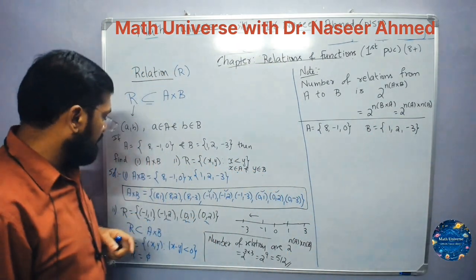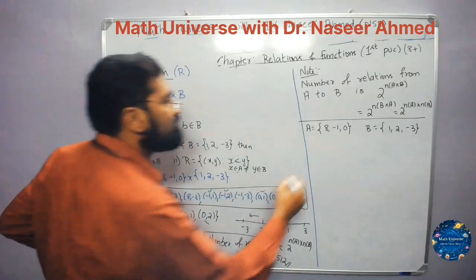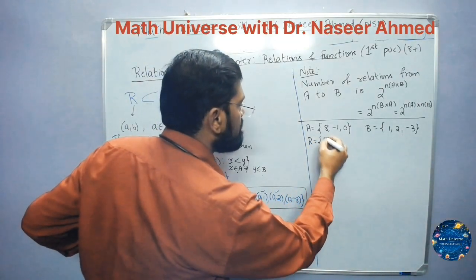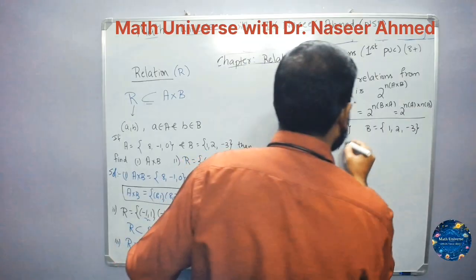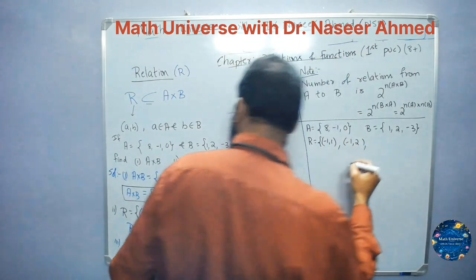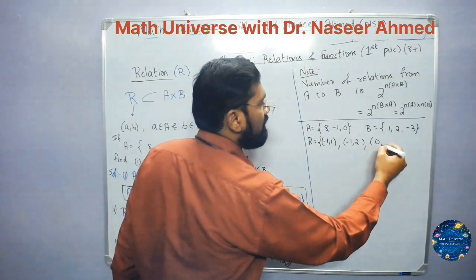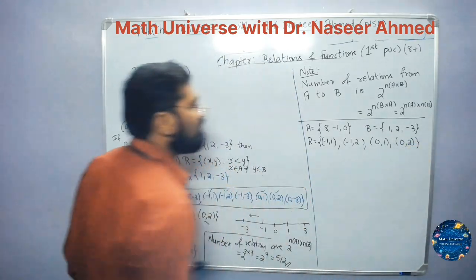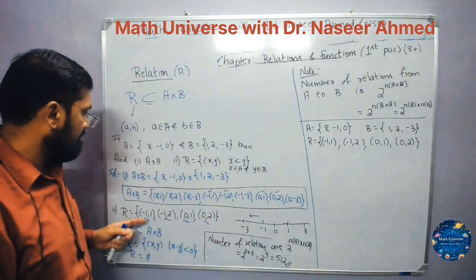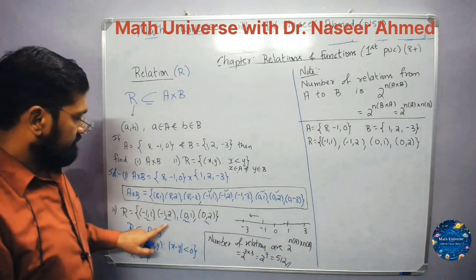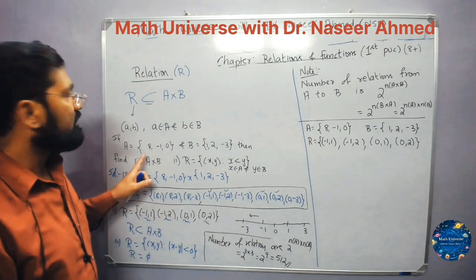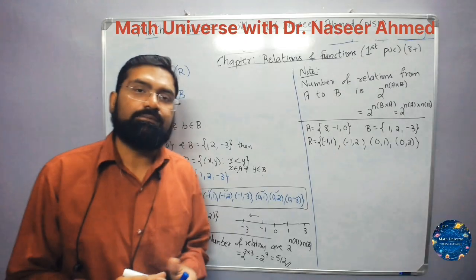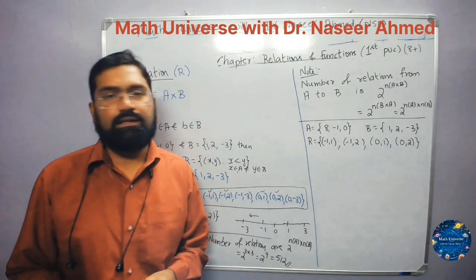So A is being given, and what we have got R is minus 1 comma 1, minus 1 comma 2, 0 comma 1, 0 comma 2. Let us cross check. Have I written all the elements perfectly? Okay, fine. And A is also written. Now I want to discuss three terms: domain, codomain, and the range.